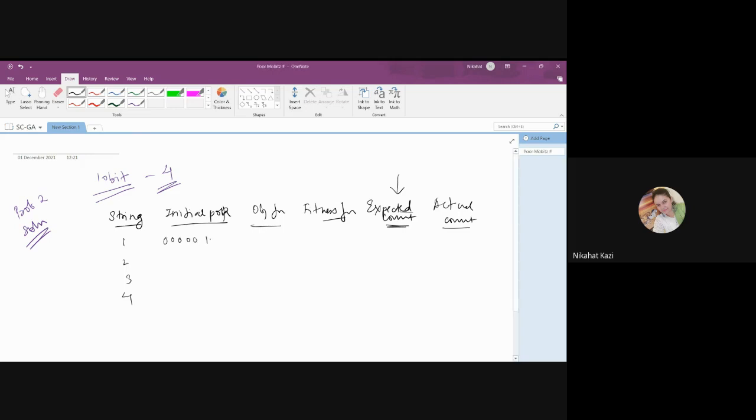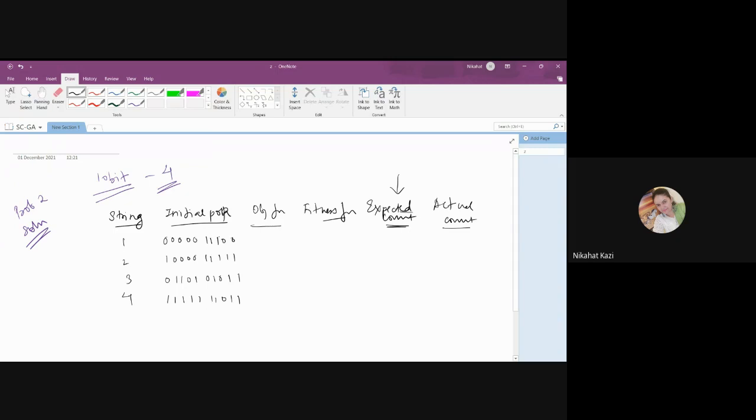It could be any random strings, unless and until it is given to you. So these are the strings that we have.